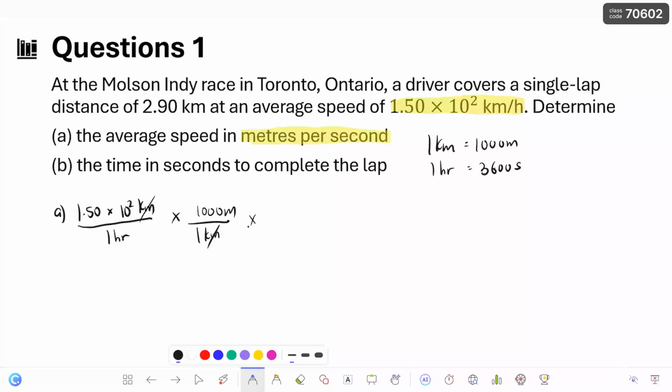After that, we need to eliminate hour. Hour is at the denominator, so we need to put the conversion unit for hour at the numerator. Then we are able to cancel the unit. After that, you just multiply everything together.